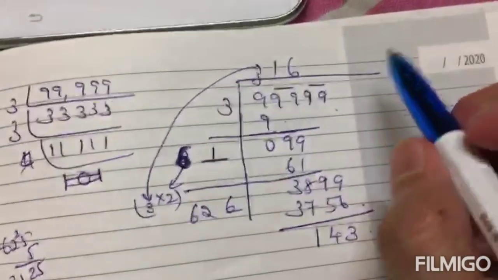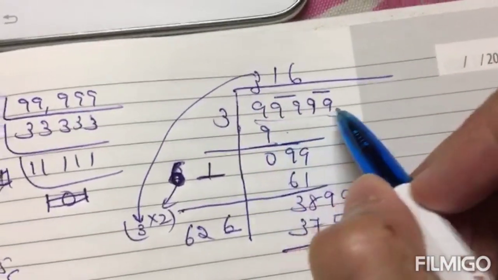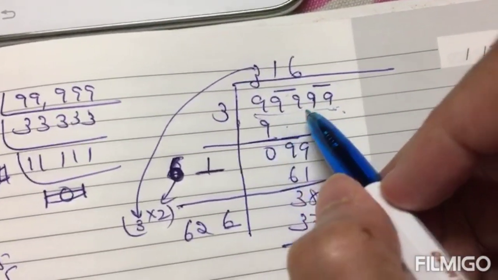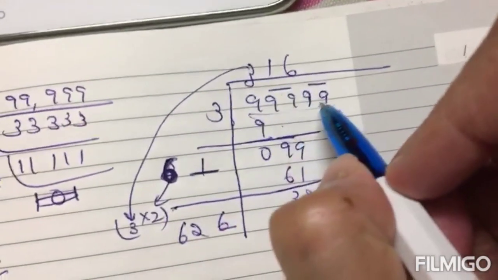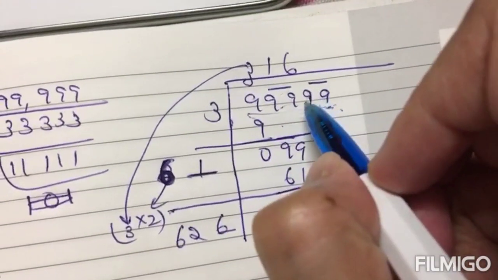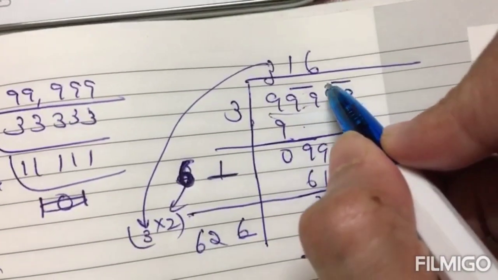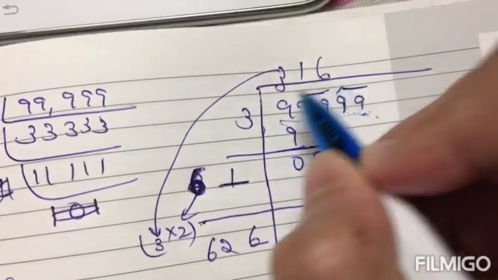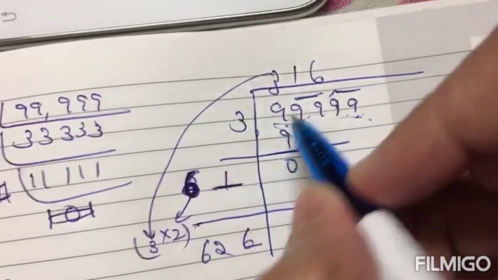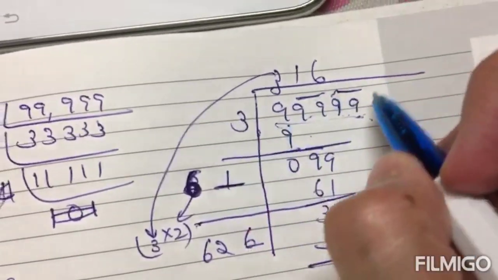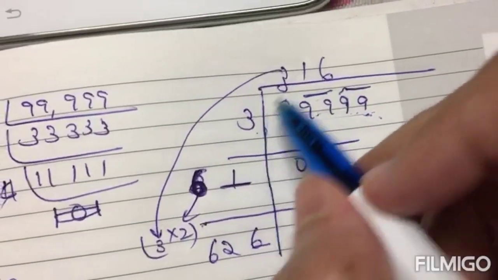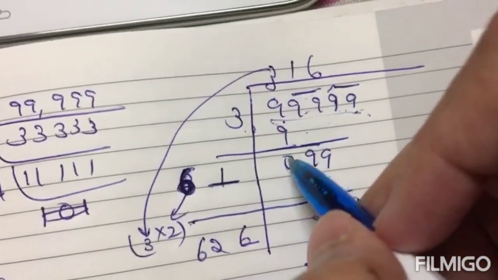Okay, in that what you do is, when you're given the number of which we have to find the square root, you start making the number into pairs from extreme right. So here this will be one pair, this will be one pair, and this number will be by itself. Then you divide in our usual division way. So 3 into 3 is 9, the remainder is 0.